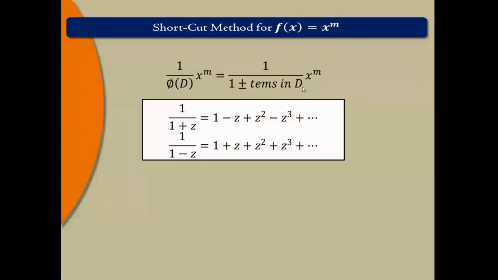And how to do the expansion? We have to do the expansion up to power m. Now why up to power m? Suppose we have here x cube. If we go on taking derivatives of x cube, what is the first derivative? 3x square. The second derivative is 6x. The third derivative is 6. Fourth derivative 0. Fifth derivative 0. Sixth derivative 0.